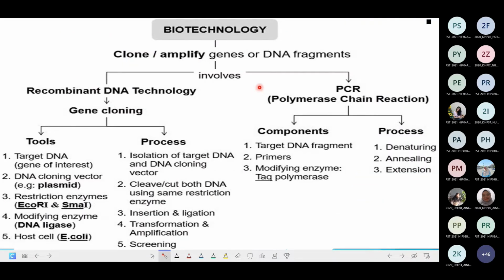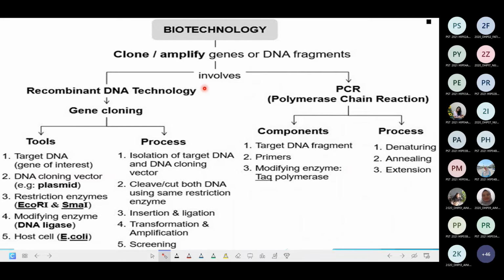In the field of biotechnology, there are so many things that scientists can do, but one of them is to make many copies of genes, or many copies of certain DNA fragments, to clone or to amplify. Amplify means to make many copies.